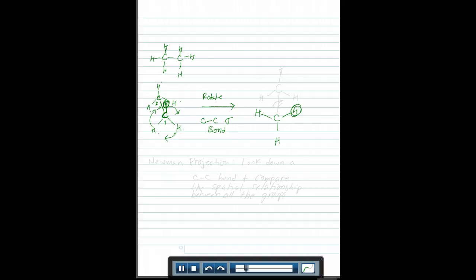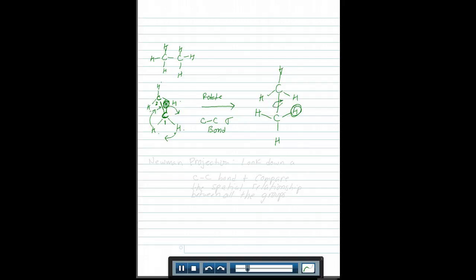Some people are able to see a lot of this in 3 dimensions. Other people have a hard time seeing in 3 dimensions. It just depends on who you are. I drew this a little, and then you have an H there, an H there, and an H there. It's just trying to show you how you rotate around this bond right here.